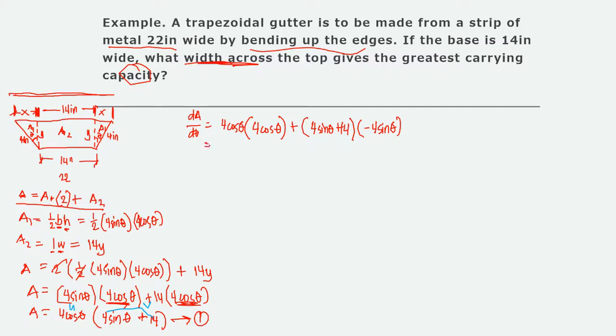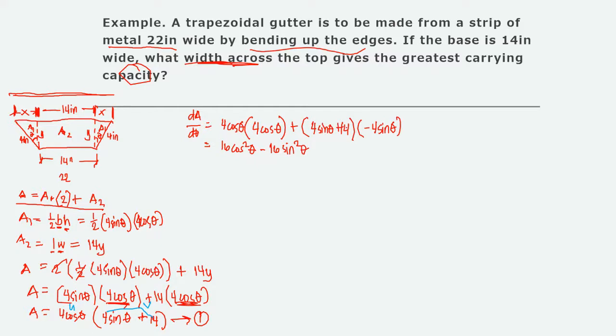So simplifying this, we have 4 cos theta times 4 cos theta. That gives us 16 cosine squared theta. And then the other term, we have 4 sine theta times negative 4 sine theta. So that gives us negative 16 sine squared theta.